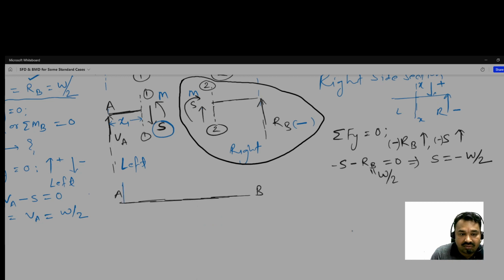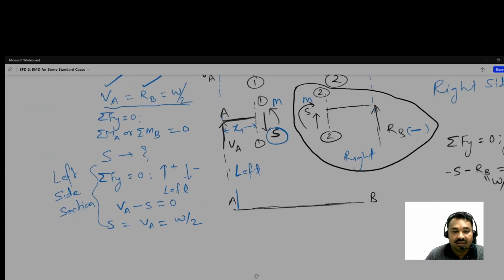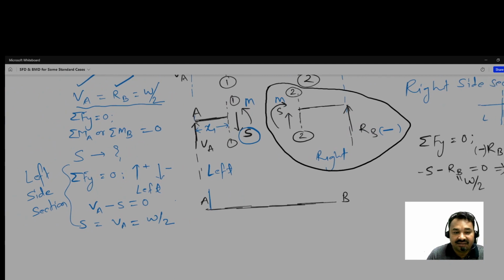As per the left side section, you see S is equal to VA, what we got. So this will be plus, up to where W is acting, up to mid. And the magnitude is positive shear, this is W by 2, and it is itself VA. And why is this constant?